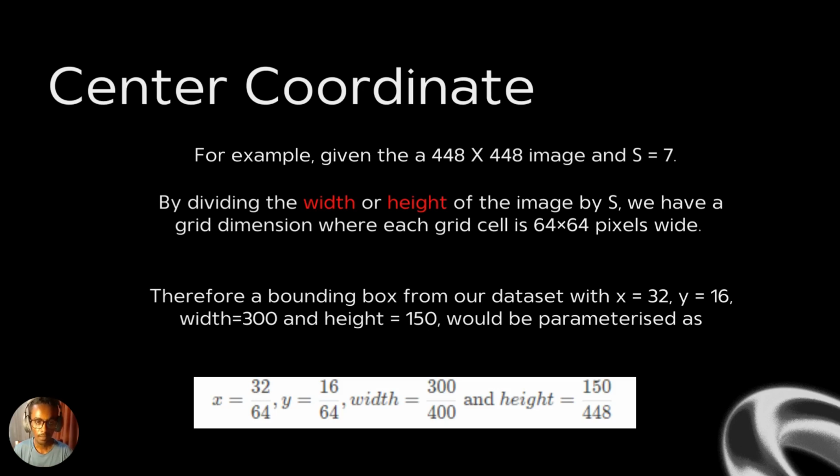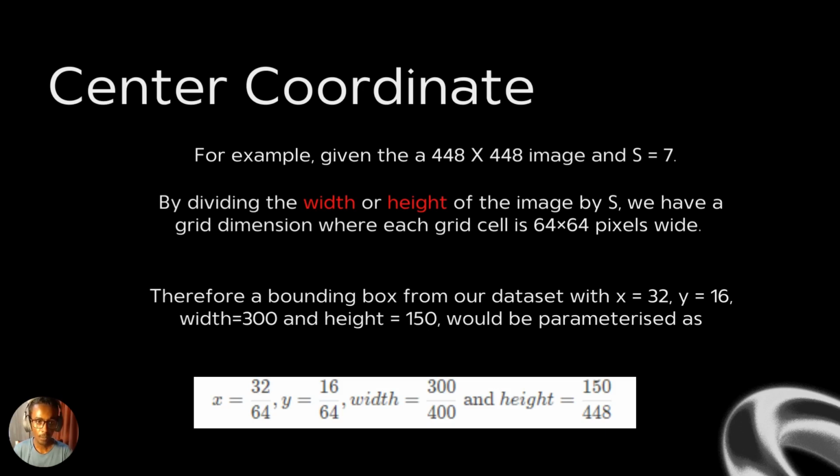Therefore, a bounding box from our dataset that has X and Y coordinates given as 32 and 16 respectively, and a width and height of 300 and 150 respectively, would be parameterized as follows. We divide 32 and 16 by 64, which is going to be the dimension of our grid cell. And we computed this 64 by dividing the width and height of the image by 7.